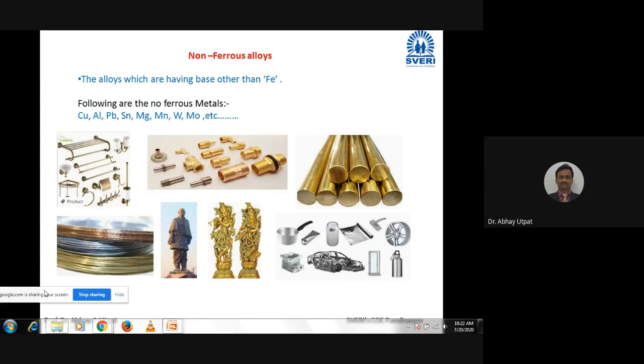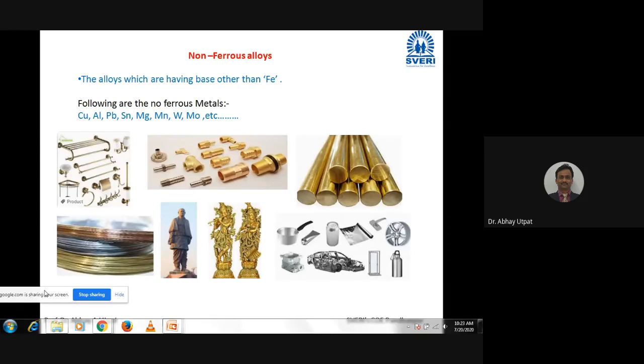Now, before we start with the actual contents, let us concentrate on the word non-ferrous. Up till now, we have studied ferrous alloys. Ferrous is iron. So, all the alloys which have iron as a base, that is Fe. Now, why is the classification made as ferrous and non-ferrous?